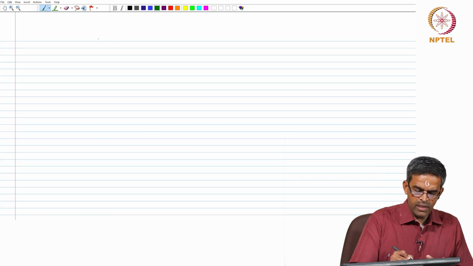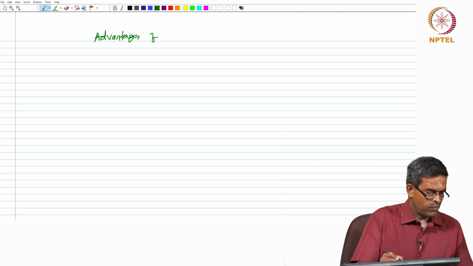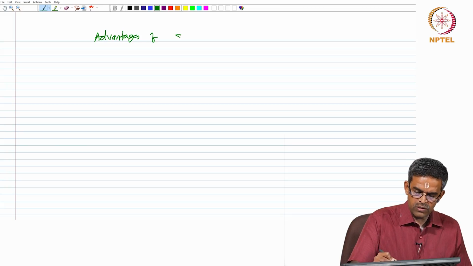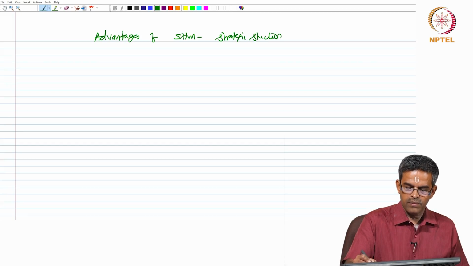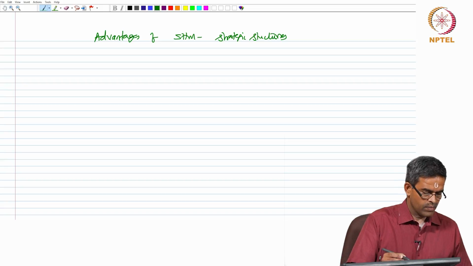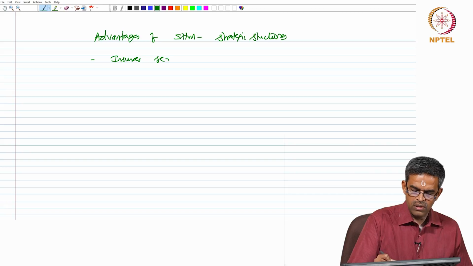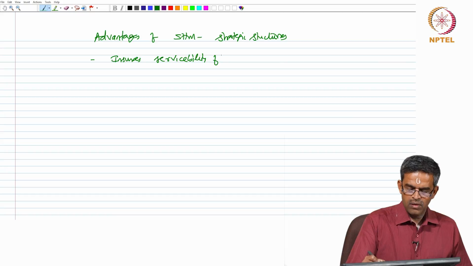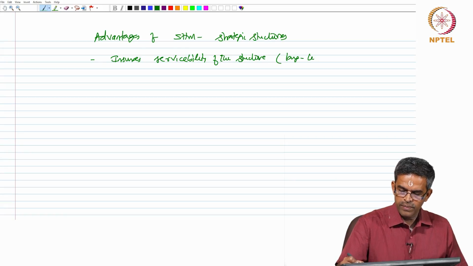We also said there are many advantages of structural health monitoring applied to strategic structures. It ensures serviceability of the structure through long term monitoring.